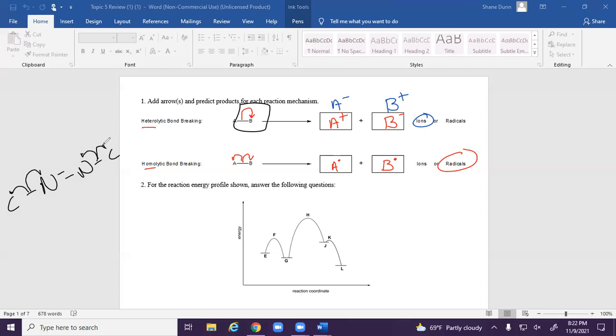The reason nitrogen and chlorine, or nitrogen and carbon, could form homolytic bonds with each other is because they're so close to each other on the periodic table, they pretty much have the exact same electronegativity. Does that make sense? However, carbon and fluorine or carbon and bromine are far enough apart that they don't. The halogens are so much more electronegative that they can pull both electrons with them, not just half.